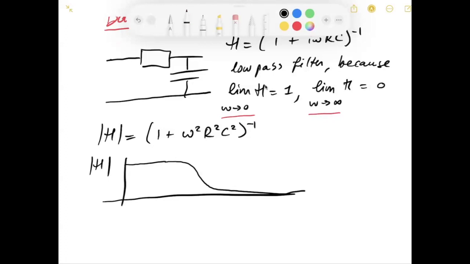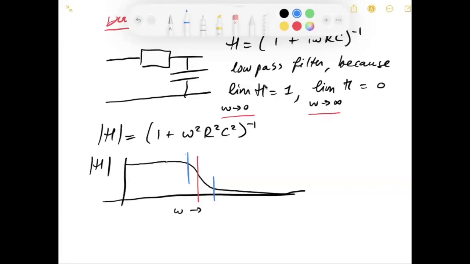And usually what we want to say is, what is the frequency at which this transition occurs? Because that's really the thing we should compare our frequency to. So it's somewhat arbitrary where you draw that line, right? Because it's a smoothly varying function. We could have put it here, we could have put it here, it doesn't really matter.